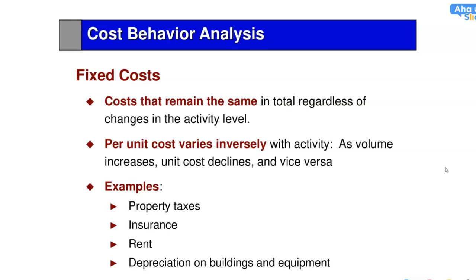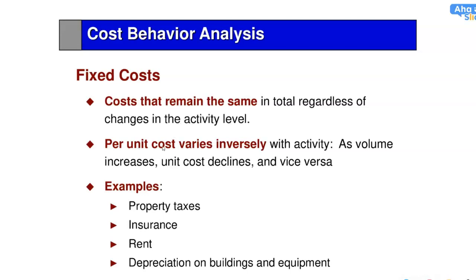If I produce two desks, the total cost is 10,000. If I produce 100 desks, the total cost is 10,000. So you see the rent that I'm analyzing is a fixed cost because it remains the same in total, regardless of the change in the production activity.